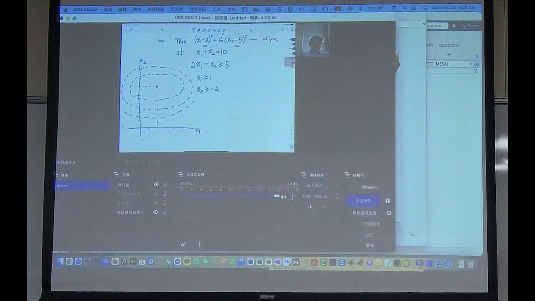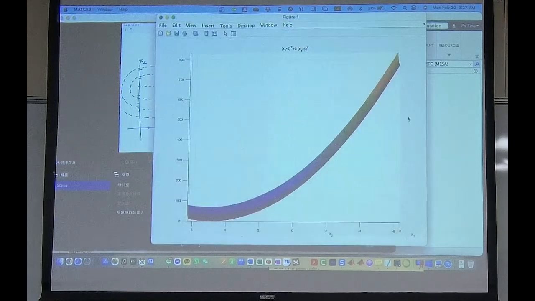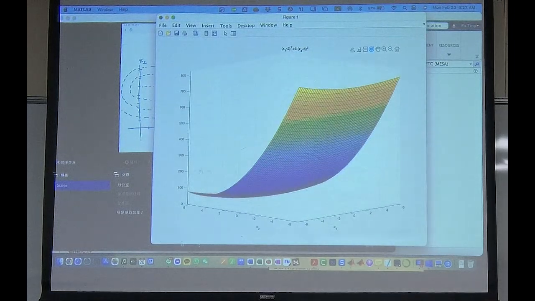Because if you plug 2 and 5 into this function, you get 0 value. And there's no other point that can give you a function value lower than 0. So 0 is the only function value that is the minimum. Okay? So it looks like this.